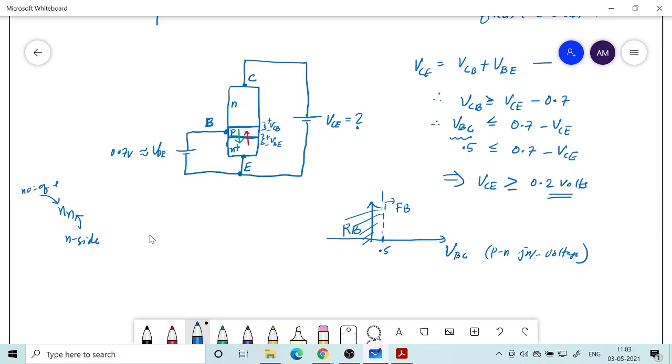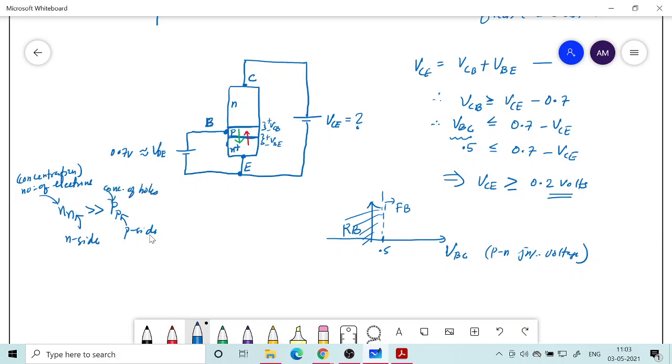So the concentration of electrons on the n side is much greater than the concentration of holes on the p side, where this p stands for p side.